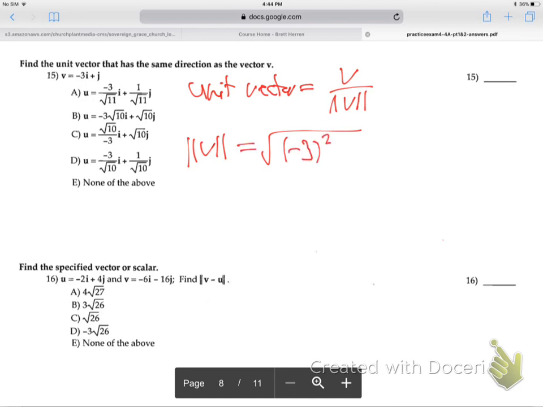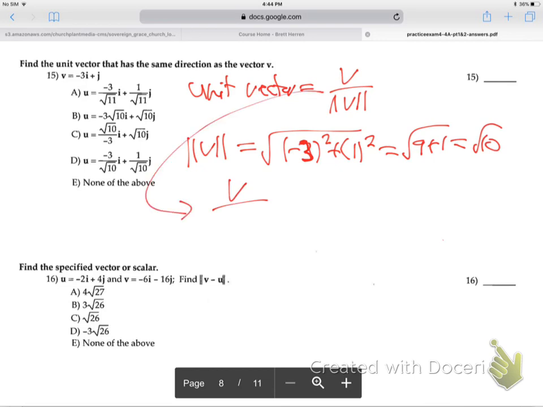So it's minus 3 squared plus 1 squared. So square root of 9 plus 1, square root of 10. So just take vector V and divide by square root of 10. So you take the original minus 3i divided by root 10, and then the 1j divided by root 10. So there we go. That's D, right? Minus 3 plus 1. Yep, D, we got it.